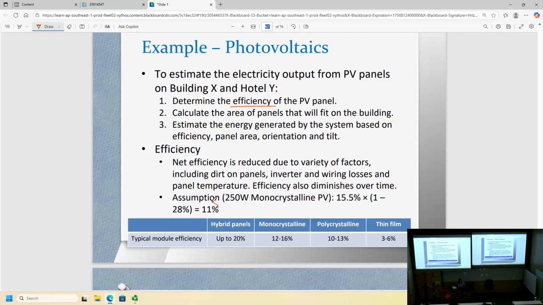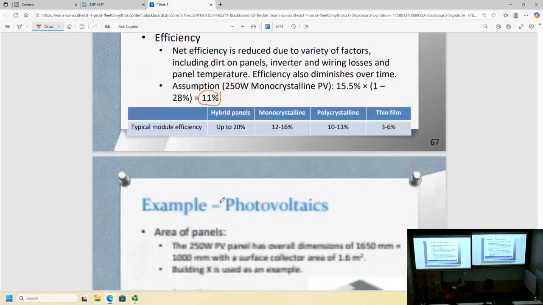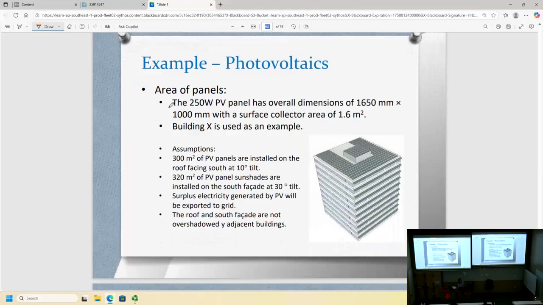And here we assume the efficiency of the PV panel to be 11%. And for the area of the PV panel, we assume that we can install 300 square meter of PV panel on the roof.